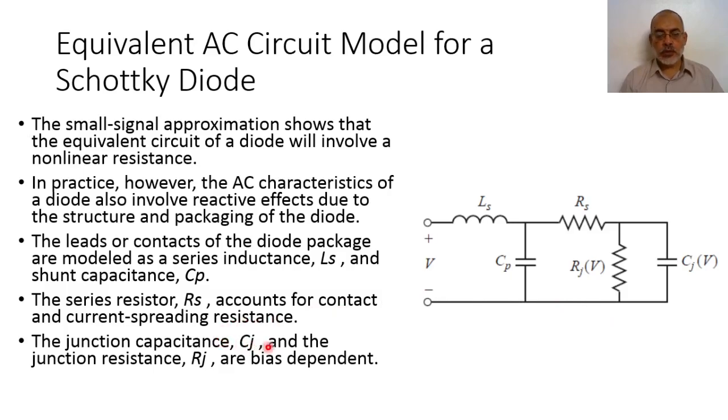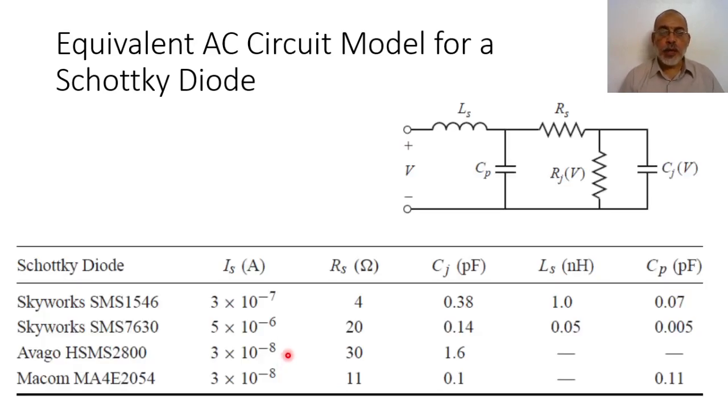The junction capacitor and the junction resistance are bias dependent, which depend on the biasing voltage on the Schottky diode. And actually, they are representing the core of the Schottky diode. For typical values for Schottky diodes, for example, Schottky diode SMS 1546, its saturation current is around 3 multiplied by 10 to the power minus 7 ampere.